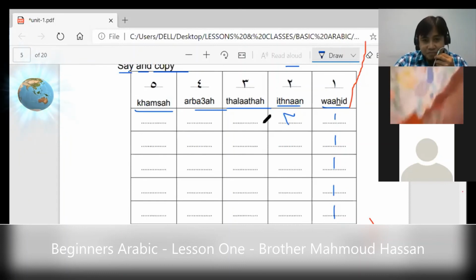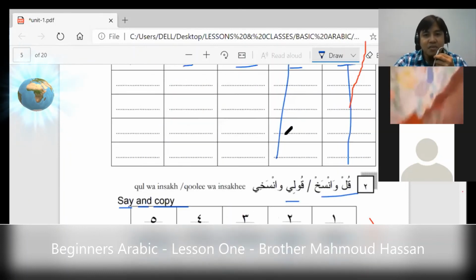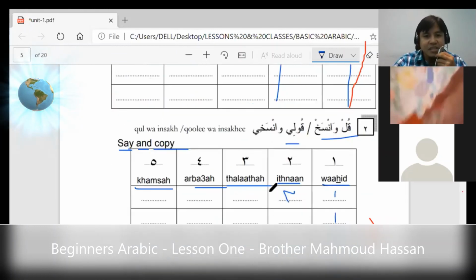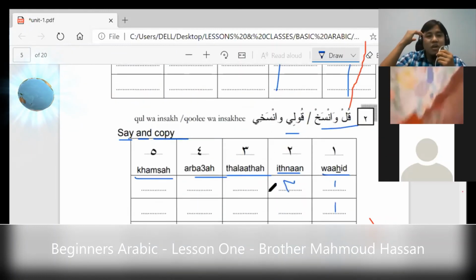Okay, so the purpose of why we are going very slowly is for us to familiarize ourselves firmly with every letter of the Arabic alphabet. When we proceed to a bit higher level, I will mention Arabic words to you, and you are going to write them down without looking at your copies.